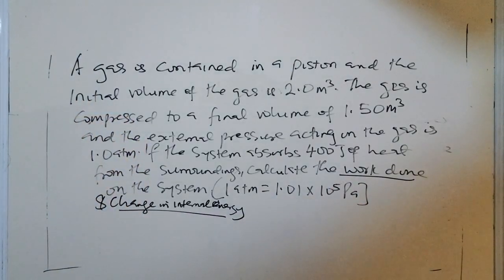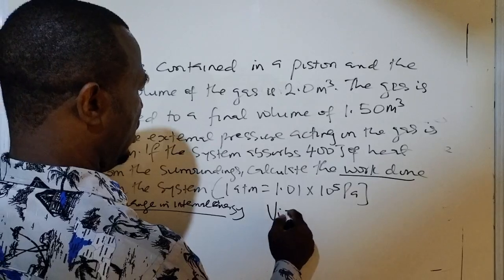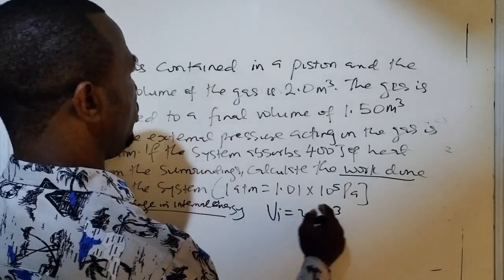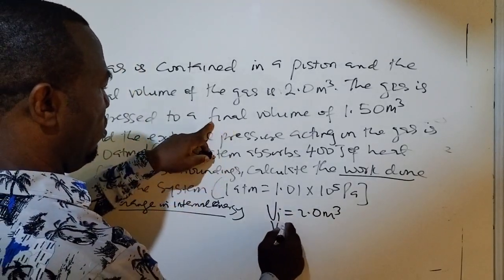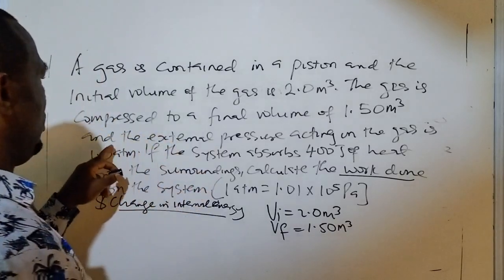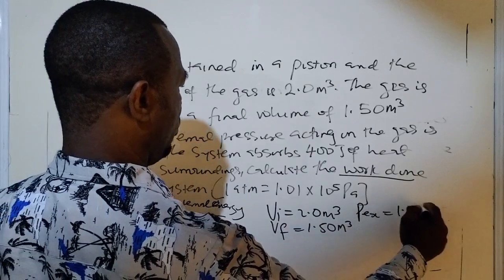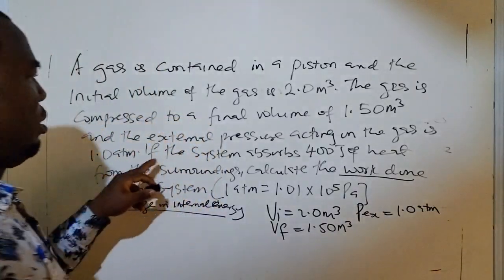So let's see what is provided for us. We have the initial volume of the system, our Vi, 2.0 meter cube. Our final volume, which is 1.50 meter cube. The external pressure, P external, 1.0 atmosphere.